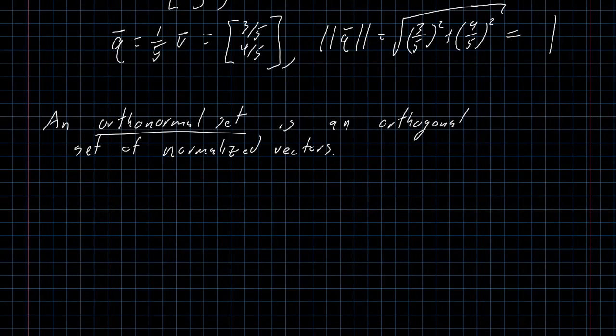Whenever we have an orthogonal set, we can easily divide by magnitude in all the vectors. That will give us an orthonormal set.